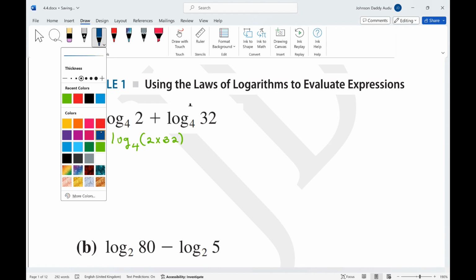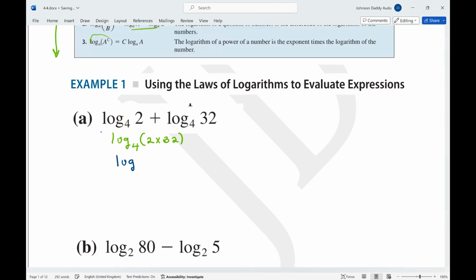This will be just log to base 4 of 64, right? And now what is 64? We can write 64 as 4 to power 3. Then we can apply the power law. So this 3 will come down, so we have 3 log to base 4 of 4. But we know that log to base a of a will always be 1. So this is 3 times 1. So the final answer is just 3.